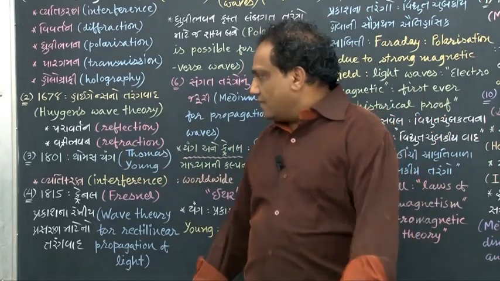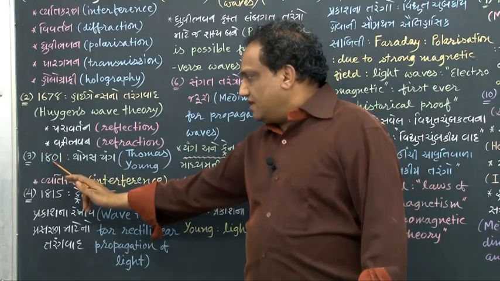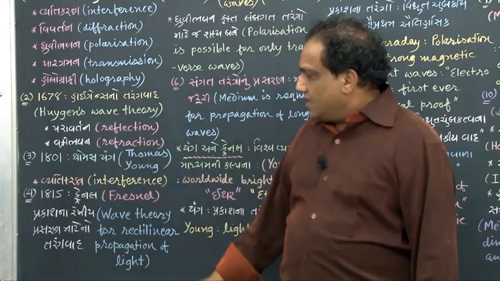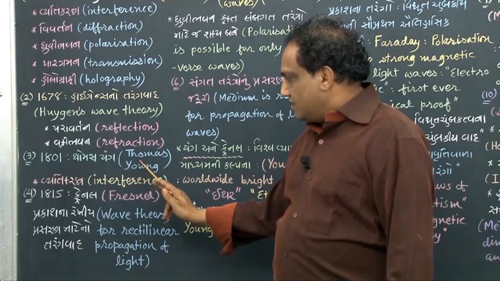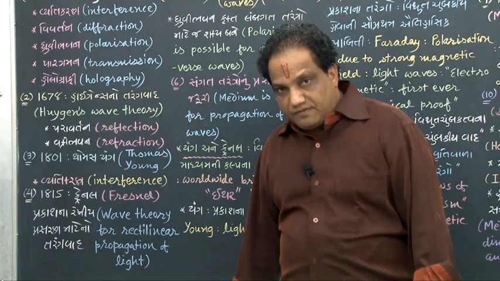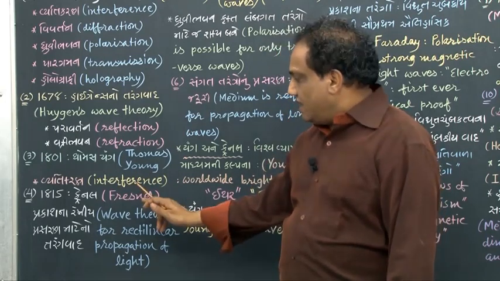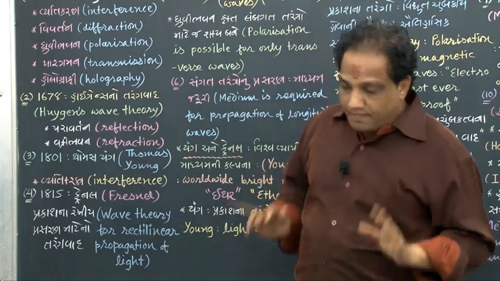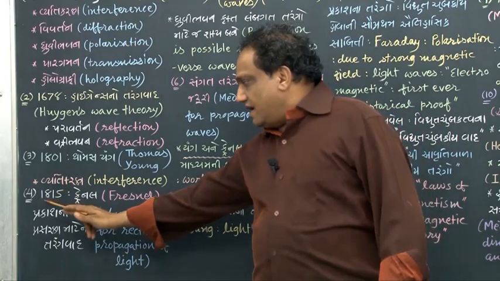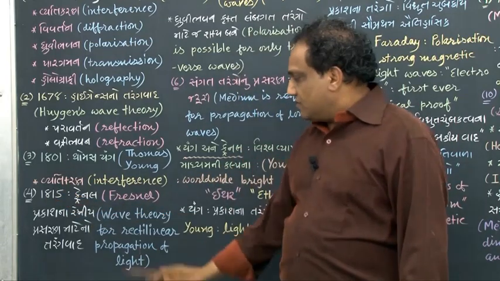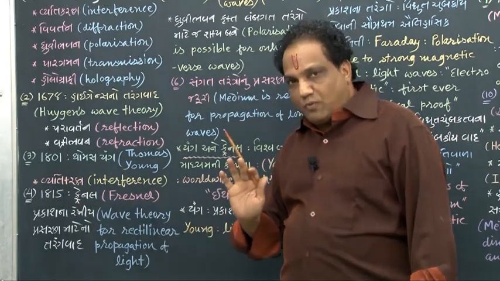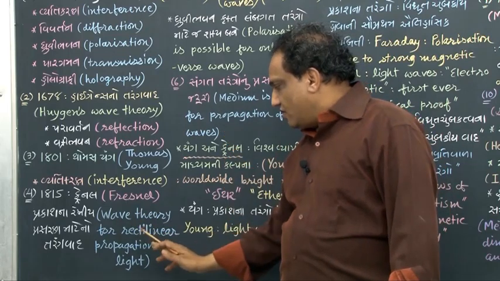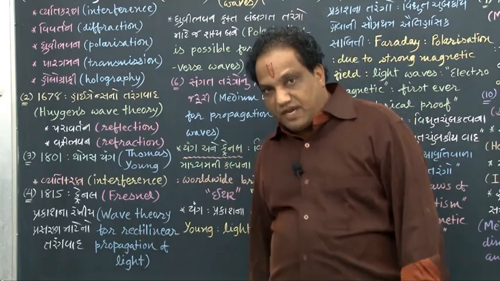Okay, fine. Then history says that in the year 1801, it was Mr. Thomas Young who had explained the optical phenomenon called interference using Huygens wave theory. And then in the year 1815, it was Mr. Fresnel who had proposed wave theory for rectilinear propagation of light.